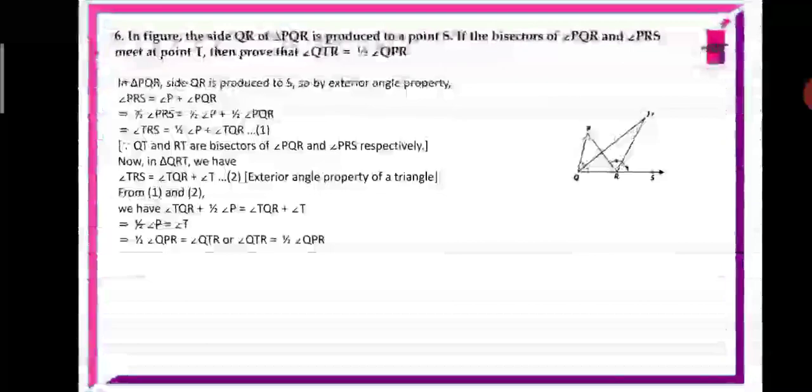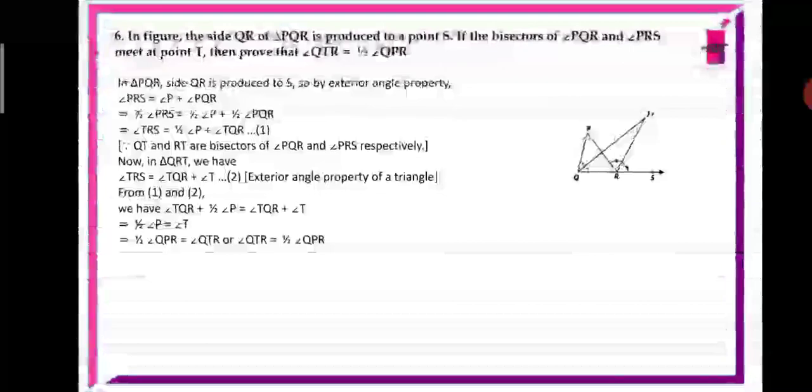We know that TRS equals half P plus TQR, because in the question it is clearly given that RT bisects angle PRS, since the bisectors of angle PQR and PRS meet at T. So QT and RT are the bisectors of angle PQR and angle PRS respectively. In place of half PRS I can take TRS, and in place of half PQR I can take TQR.